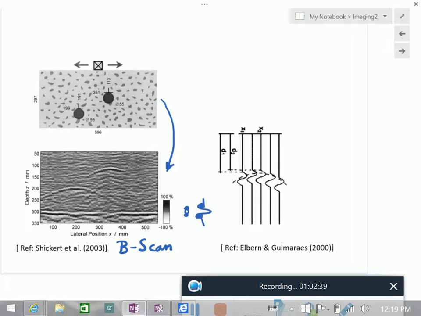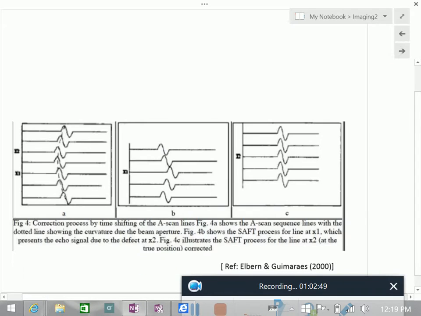Now we want to see how to make the image from this. We already talked about this concept, why we get that. So we want to see how to correct it. How do we correct this? Here we have a scan. It's rotated 90 degrees. What are we trying to correct?